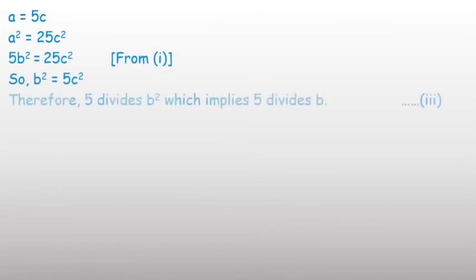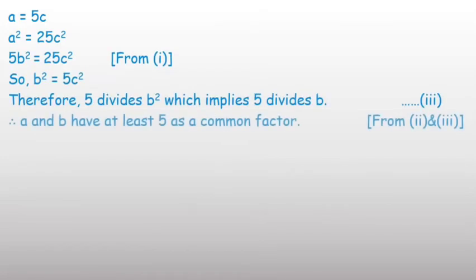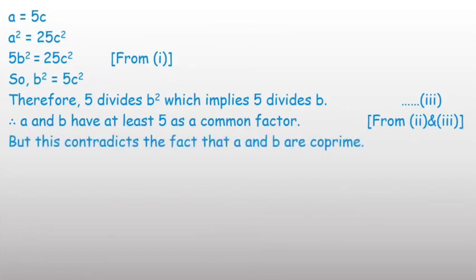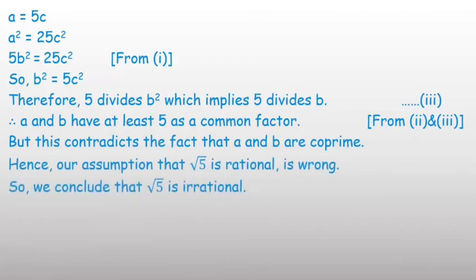And after solving, again you will get that a and b have the same common factor 5. Then your assumption is wrong that a and b are co-prime, means root 5 is an irrational number. Similarly, also you can prove root 3.